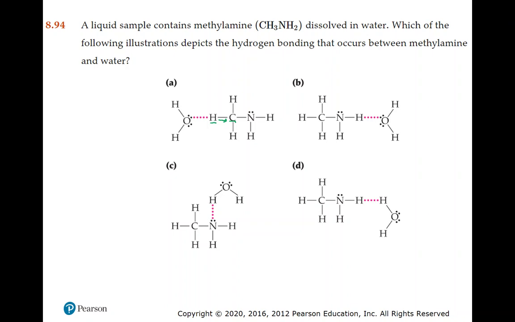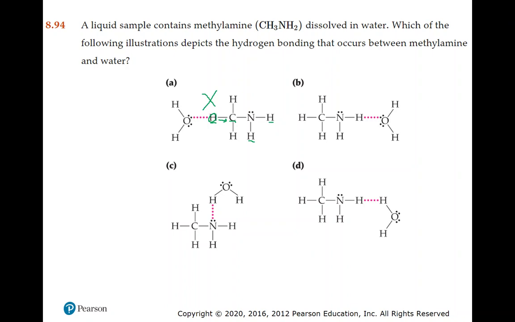So while methylamine has hydrogens that can participate in hydrogen bonding, it's only these 2 that are directly attached to the nitrogen that can do that. This first hydrogen right here is not all that partially positive because it's attached to carbon, which is an element with a similar electronegativity to hydrogen. So part A here is not how this hydrogen bonding takes place.